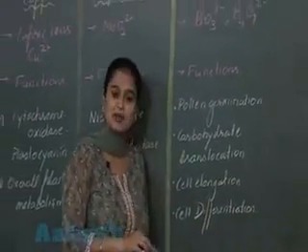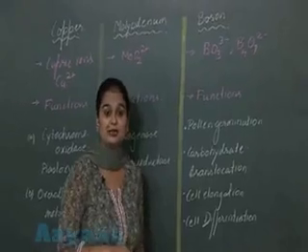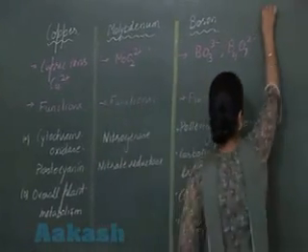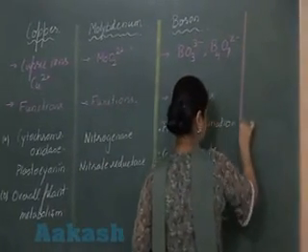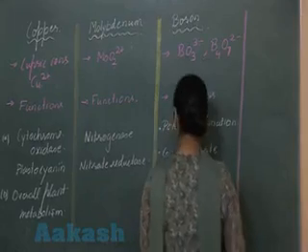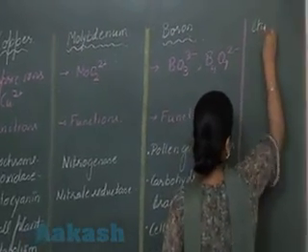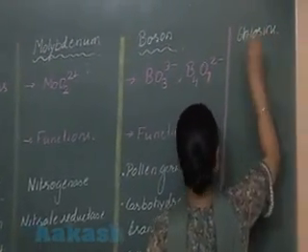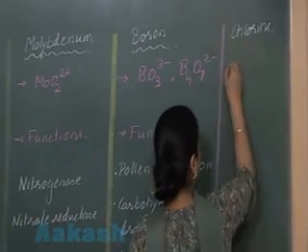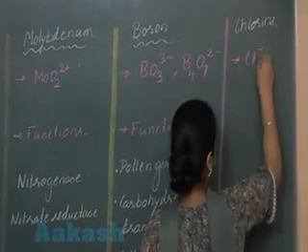Now the last micronutrient which I will be dealing with here, that is chlorine. Absorbed from the soil in the form of chloride ions.